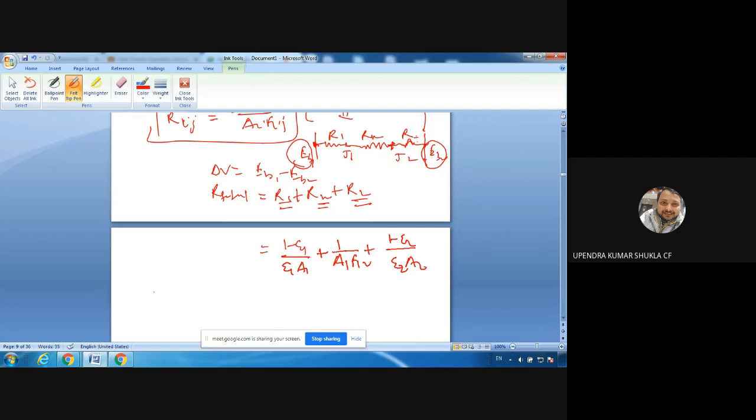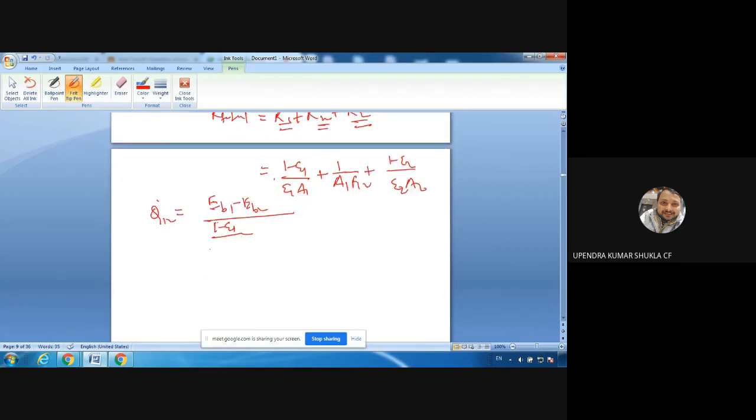Now Q12 is nothing but the voltage difference, EB1 minus EB2, divided by this resistance: (1 minus epsilon 1) upon epsilon 1 A1 plus 1 upon A1 F12 plus (1 minus epsilon 2) upon epsilon 2 A2. Since this is a black body, EB1 is sigma T1 to power 4 and EB2 is sigma T2 to power 4.